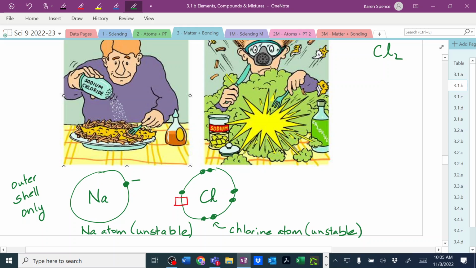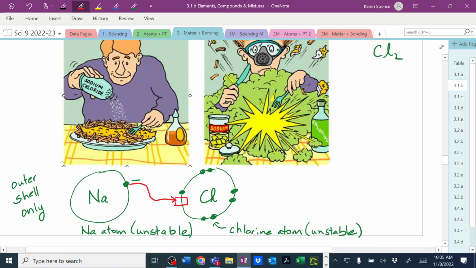How could these guys make each other happy? Yes. The sodium's going to lose an electron, and the chlorine is going to take it. Okay, so the sodium gives it away, the chlorine takes it. So these two unstable things can make each other stable, and they do so in a very explosive fashion.